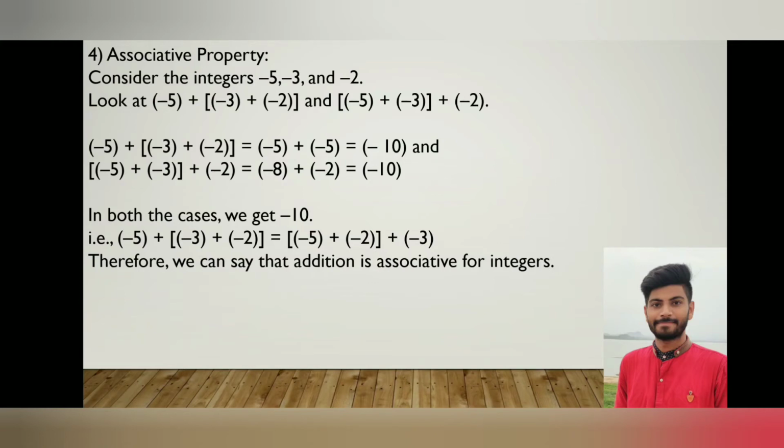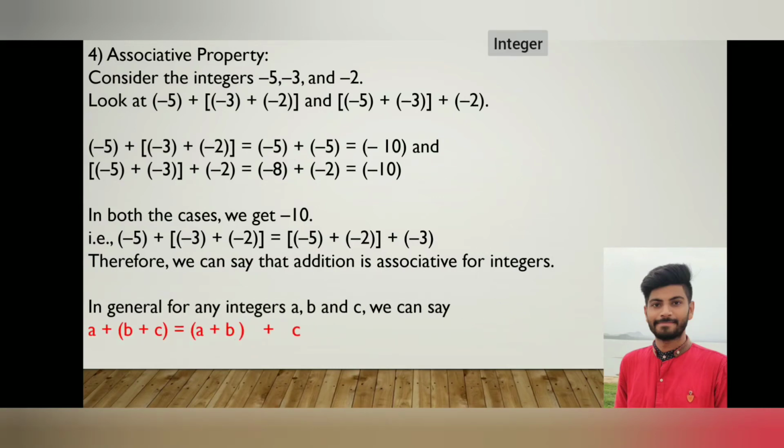This applies only to addition. We cannot apply this to subtraction because subtraction is not commutative. In general, we can write this as an equation: a plus, in brackets, b plus c is equal to, in brackets, a plus b, plus c.